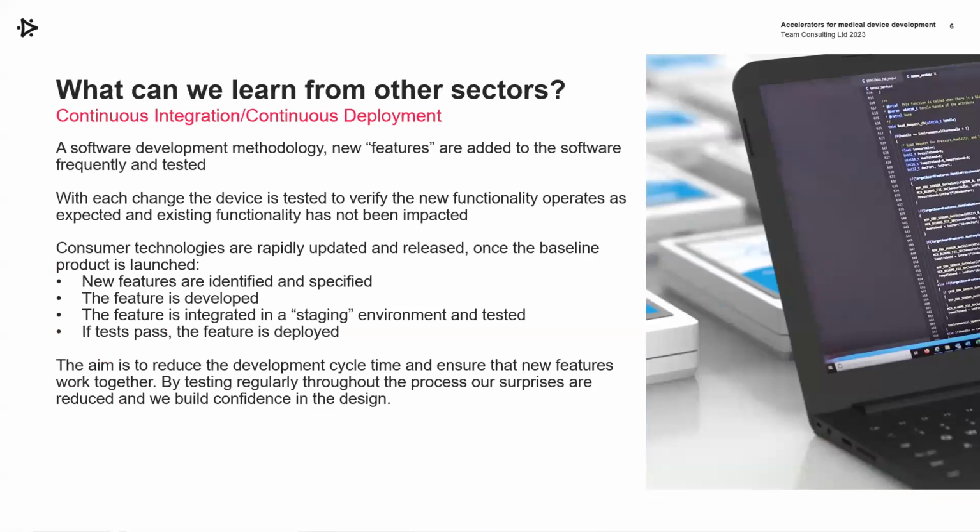So what is continuous integration and how could that help us in our medical devices? Well, continuous integration comes from consumer software development models. It's the idea of implementing small features and regularly integrating them within the overall product. It's very easy to do in software because it's all source code and everything can be compiled. With each change, as we integrate our change, we test the whole system again, or at least the critical functionality of the system.